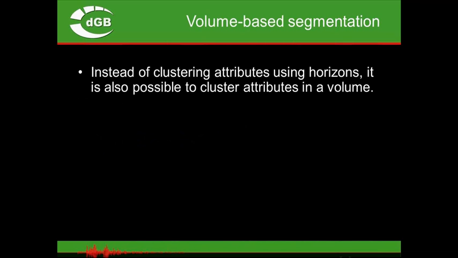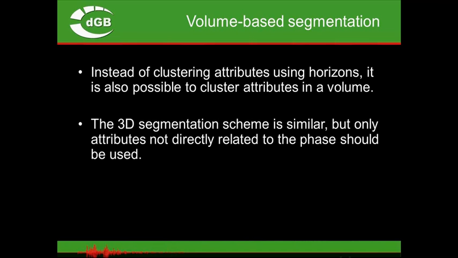The volume-based segmentation. Instead, for instance, of clustering attributes using a horizon, it's also possible to cluster attributes in the volume. The 3D segmentation scheme is similar, but only attributes not directly related to the phase should be used. I will explain. When using waveform, we know that it's phase related.